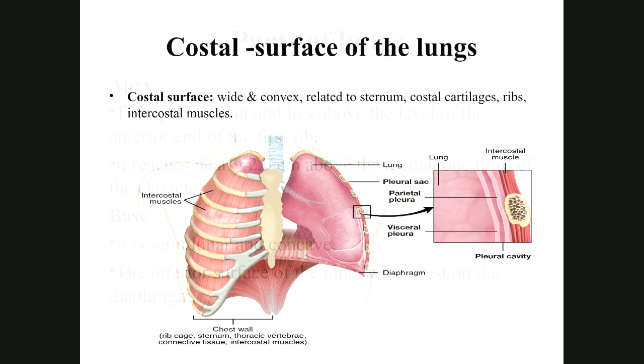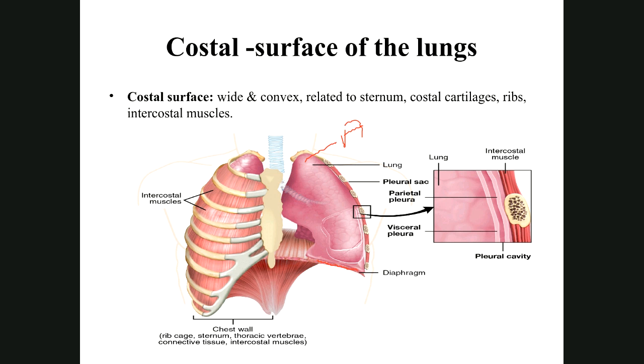Next, the costal surface. Now you see here. First, in this diagram I will explain about the apex and the base. See here, this is the apex of the lung, and this is the base here. It is also called the inferior surface of the lung.